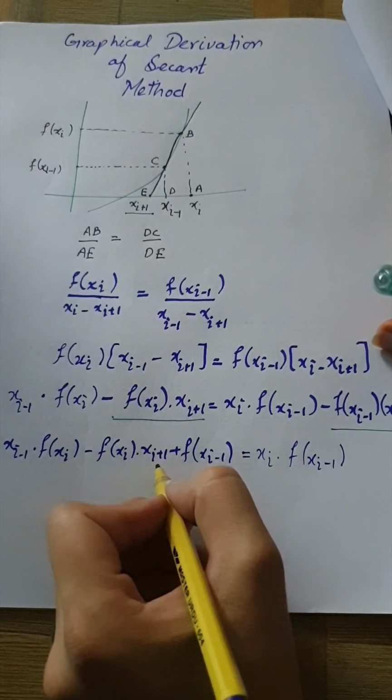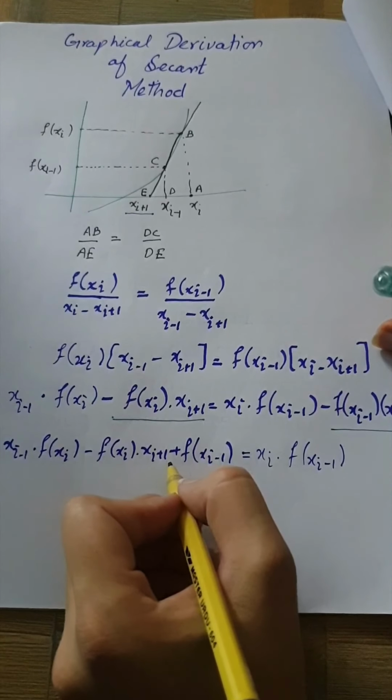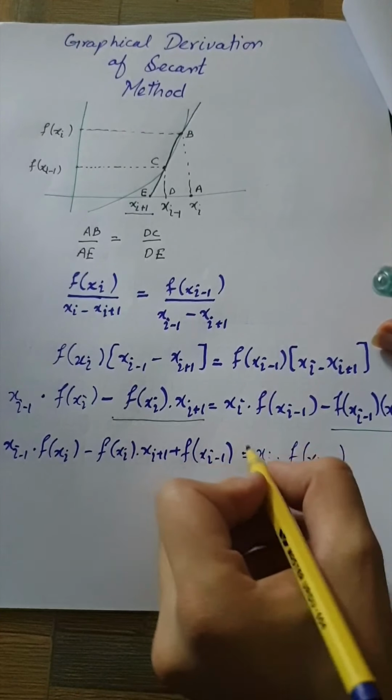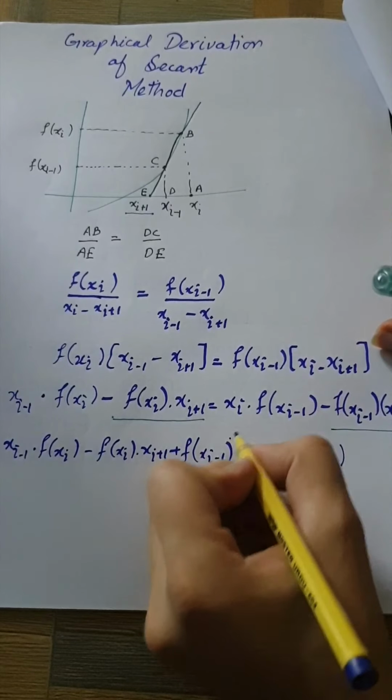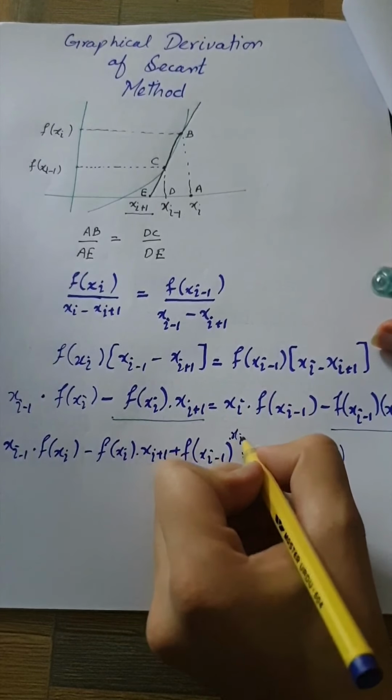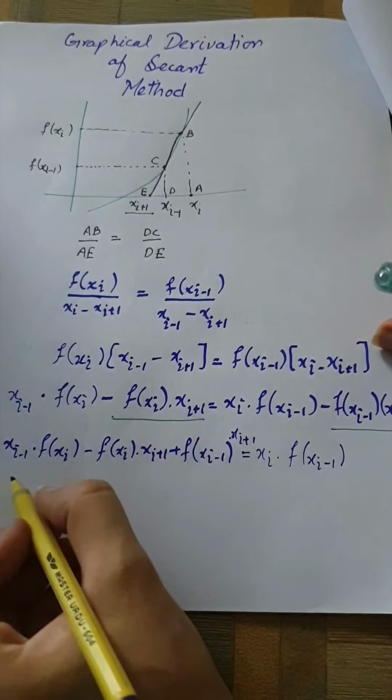If I take common x of i plus 1 from this expression, I have forgotten to write x of i plus 1 as a product over here.